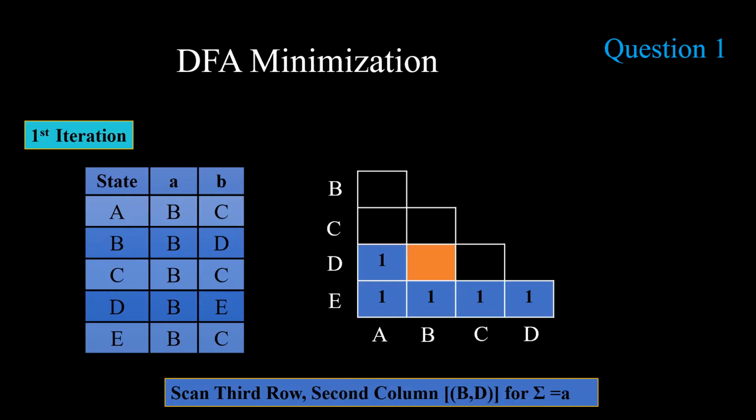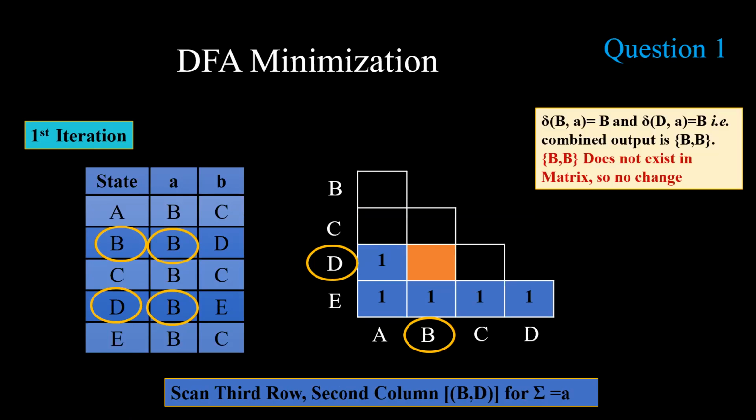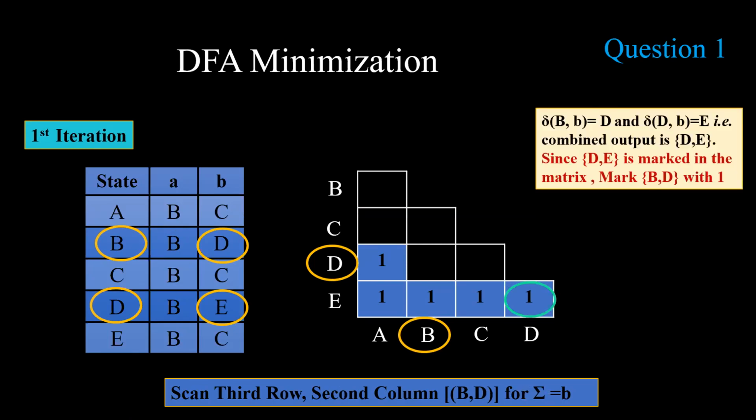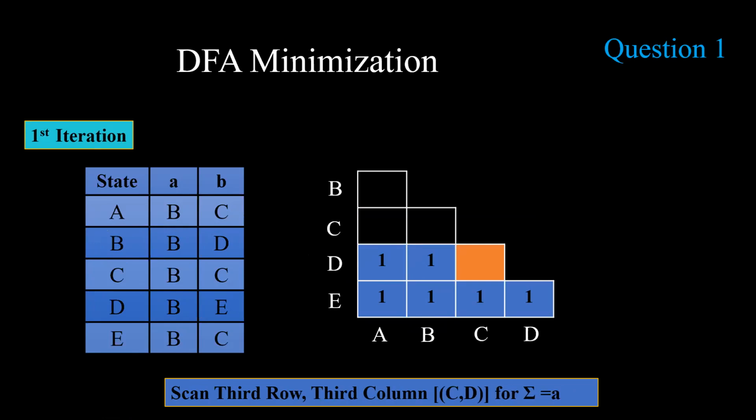Next we move to BD, that is third row, second column. We will check BD on A. We get BB, which does not exist. Next we check BD on B. At this point we get DE. Now since DE is marked, we will mark BD with 1. Next we move to third row, second column.